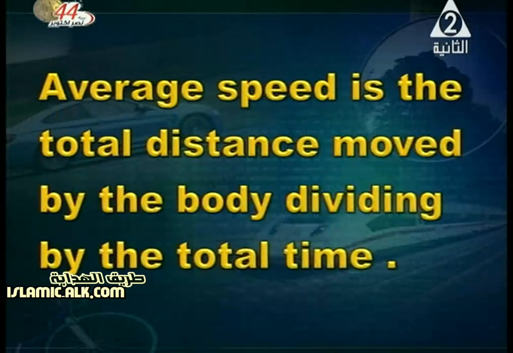Because we depend on the total distance moved by the body divided by the total time. Total distance, total time. Do you know what this means, my lovely students? It's average speed. It's a good name and good word.